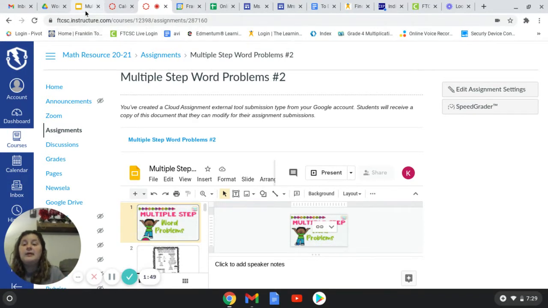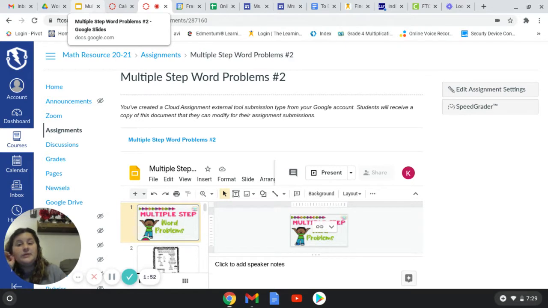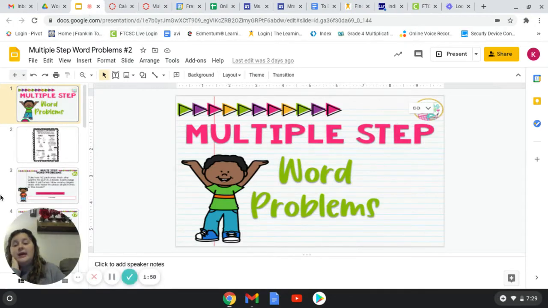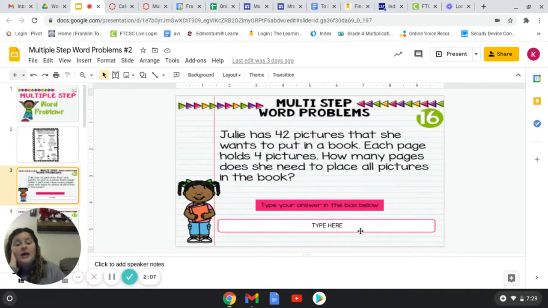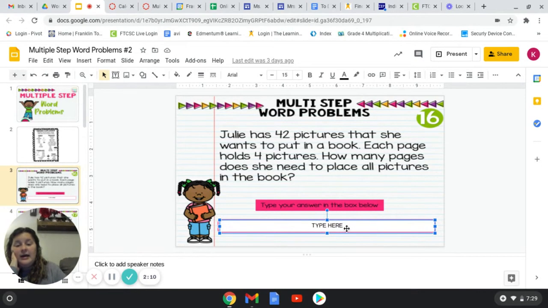Okay, so now we're going to kind of switch gears again. I'm going to switch my slide back over to the assignment for today. And again, I went ahead and added in those clue words that you guys can use. I have not gone through and put audio on this quite yet, but I will here in just a minute, because remember, Google Read and Write will not work with this.